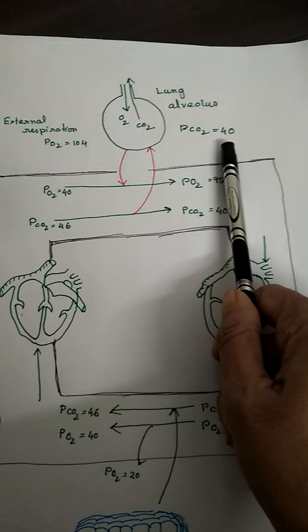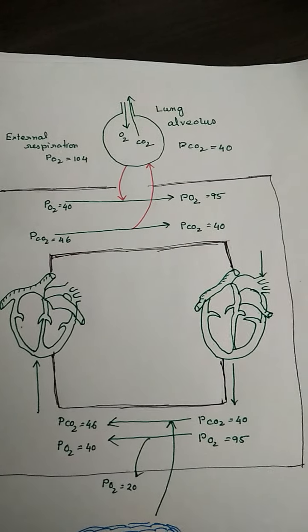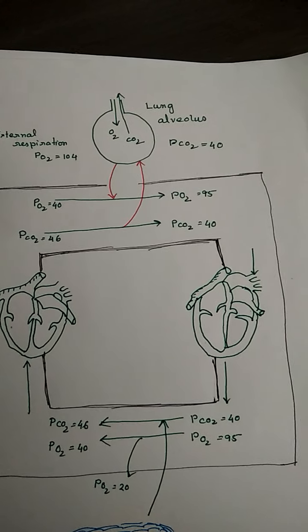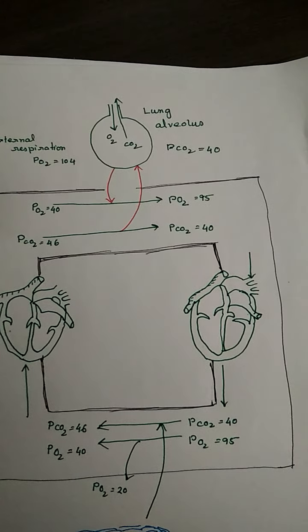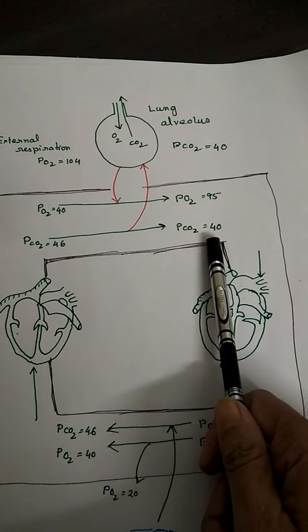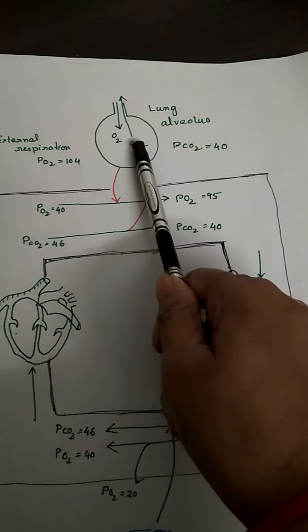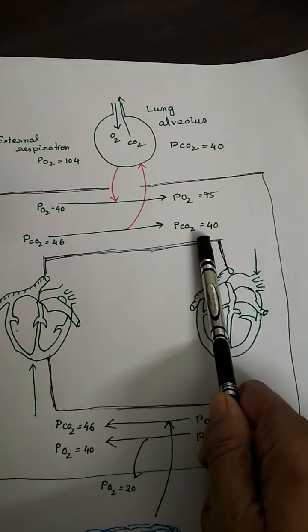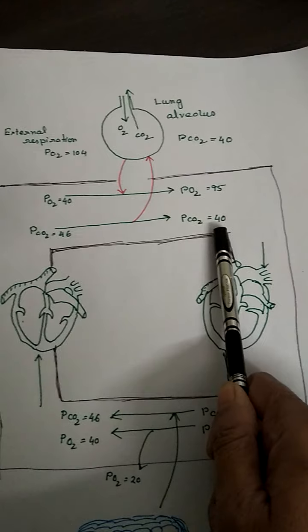Therefore, the initial pressure difference responsible for diffusion is 6 mm Hg, and this decreases the partial pressure in the pulmonary capillaries to about 40. After exchange, 46 minus 6 becomes 40.